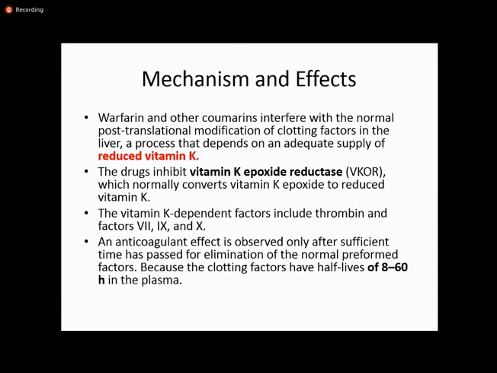An anticoagulant effect is observed only after sufficient time has passed for elimination of the normal preformed factors, because the clotting factors have half-lives of 8 to 60 hours in the plasma.